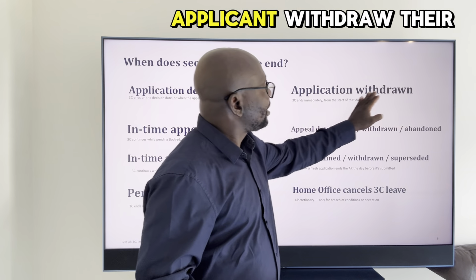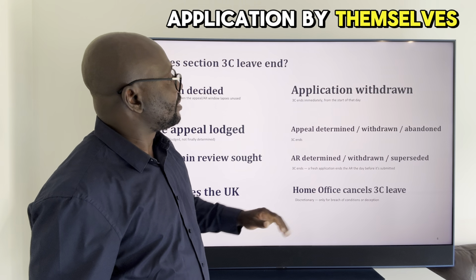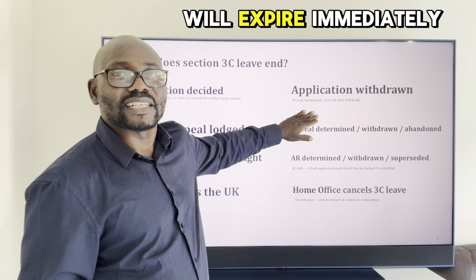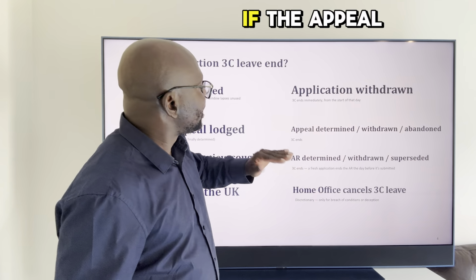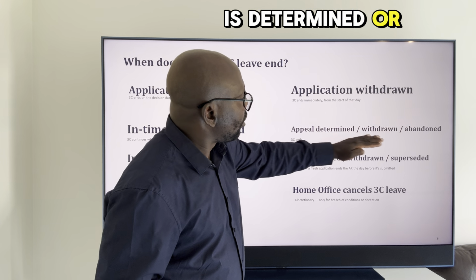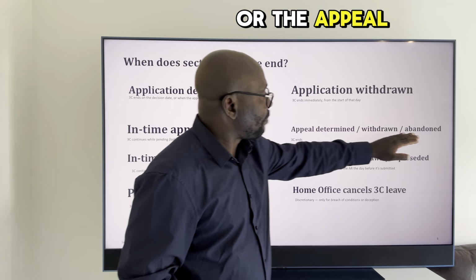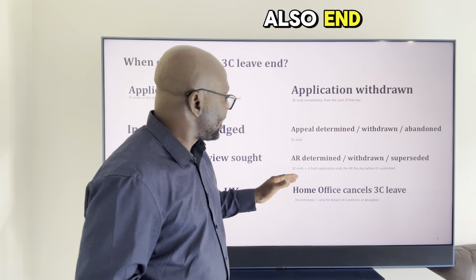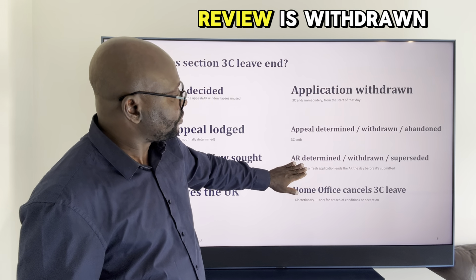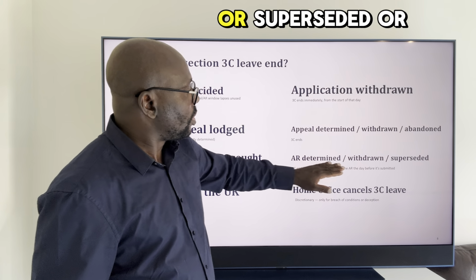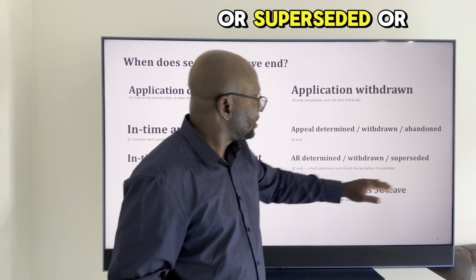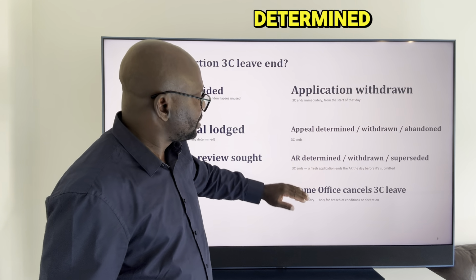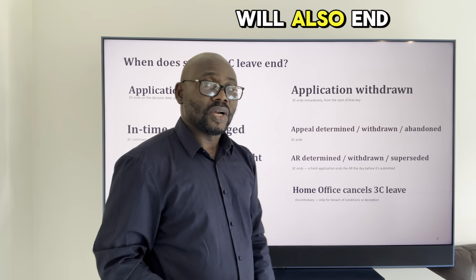Now, if the applicant withdraws the application by themselves, Section 3C leave will expire immediately. If the appeal is determined, or the appeal is withdrawn, or the appeal is abandoned, Section 3C leave will also end. If an administrative review is withdrawn or superseded or determined, Section 3C will also end.